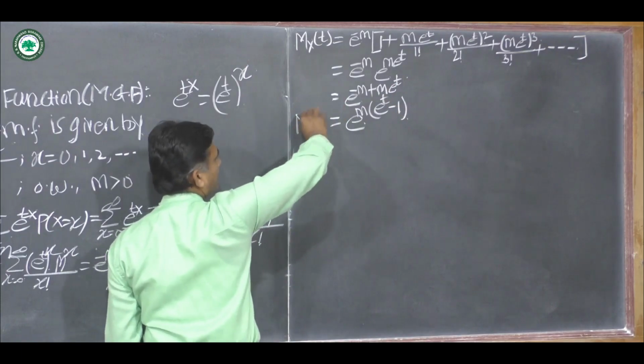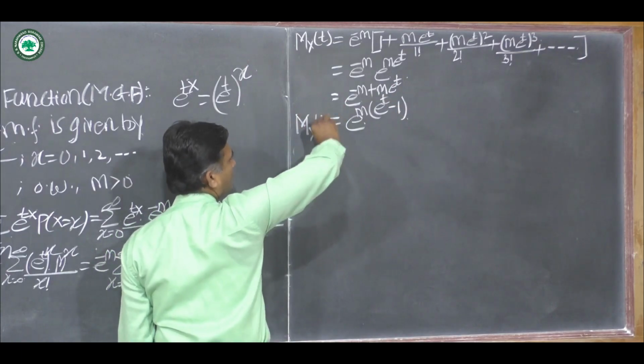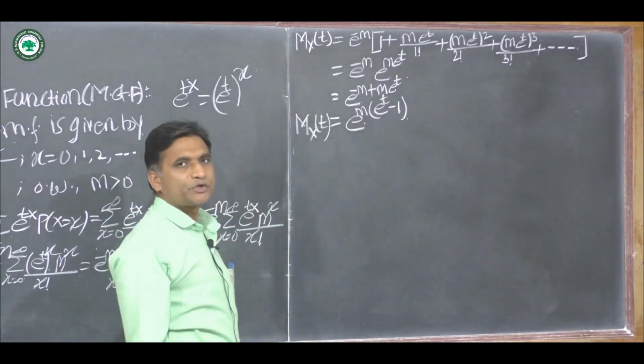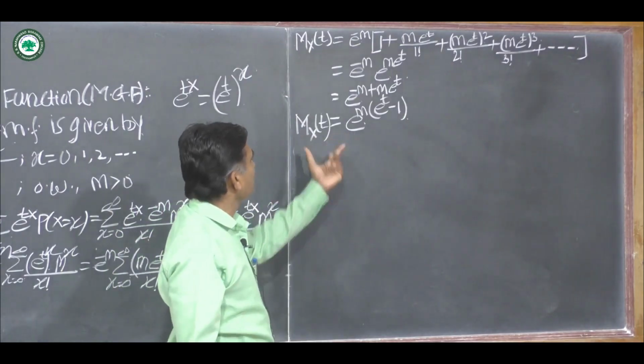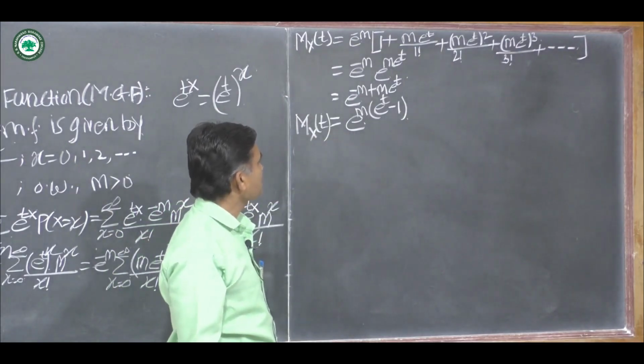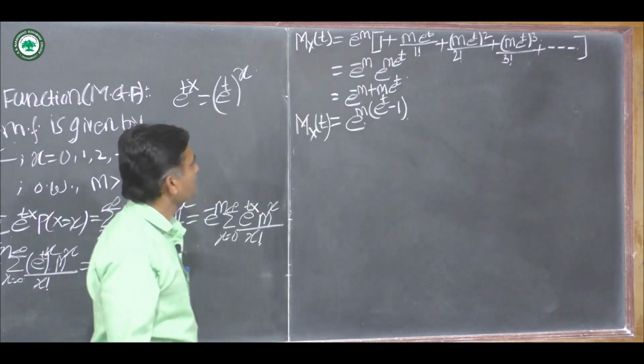This is the MGF of Poisson distribution with parameter m, the moment generating function of Poisson distribution.